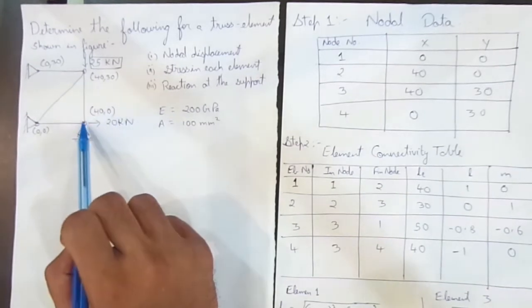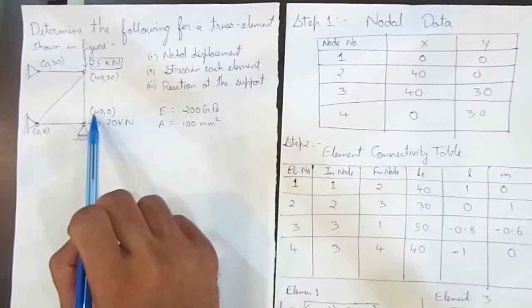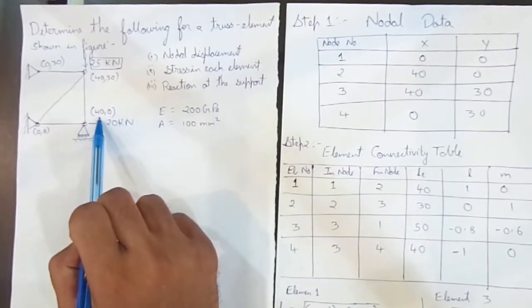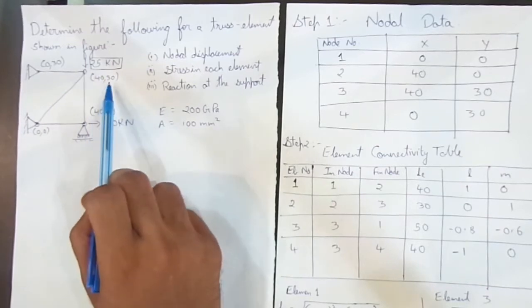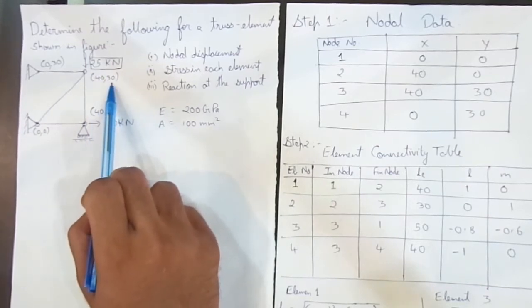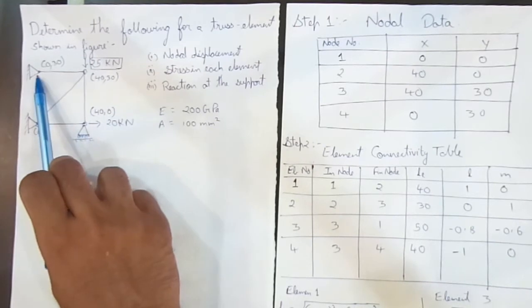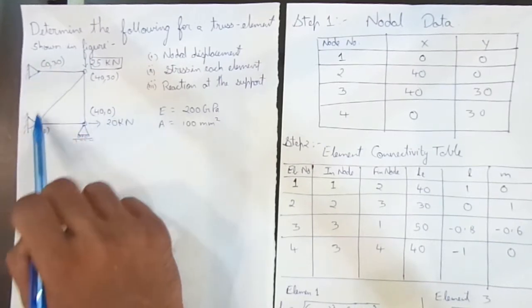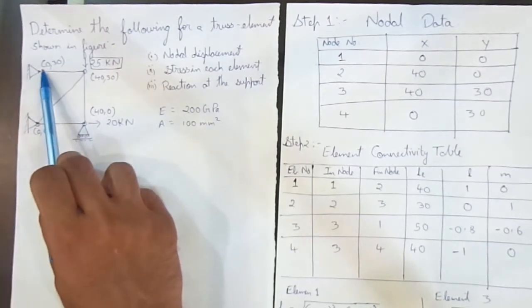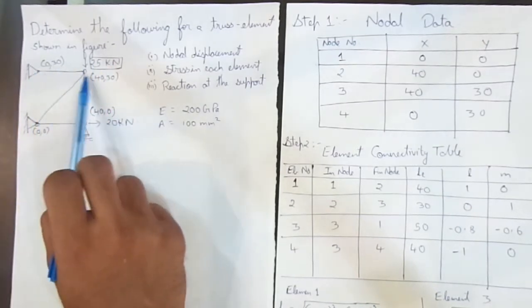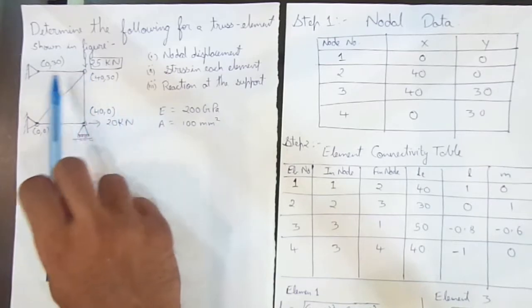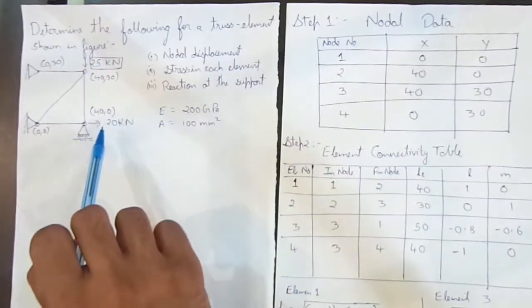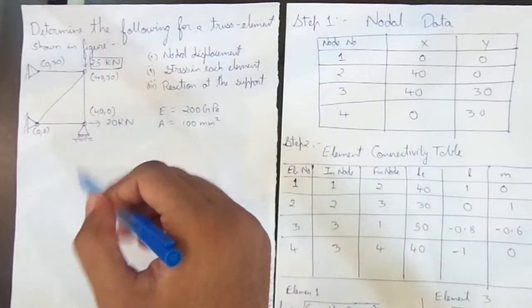Now this is a vertical line, so x coordinates will be the same. So here if it is 40, here also it will be 40. And your y is 30, right? And here your x is 0 and y is 30, right? So this was 0, this will also be 0, and this is a horizontal line, so y coordinates will be the same. Now you know in a horizontal line y coordinates will be the same, and for a vertical line x coordinates will be the same, right?